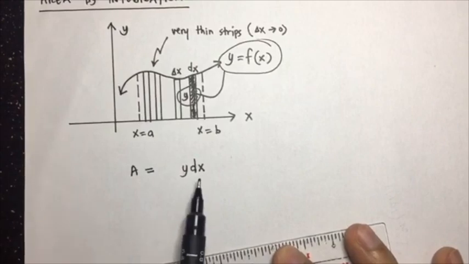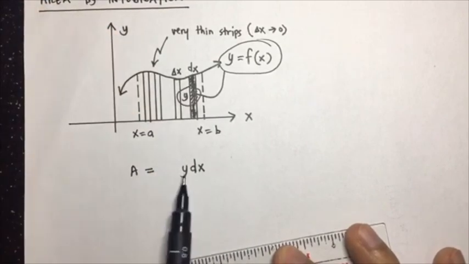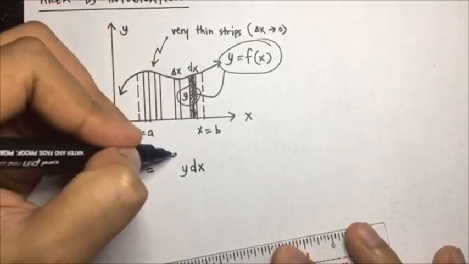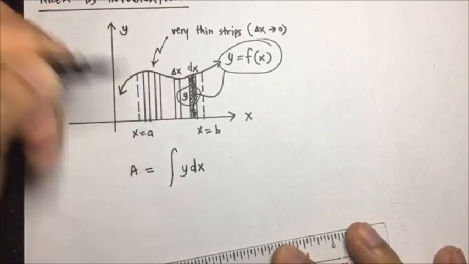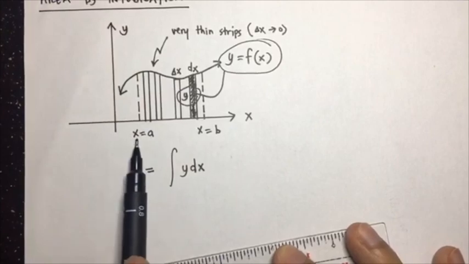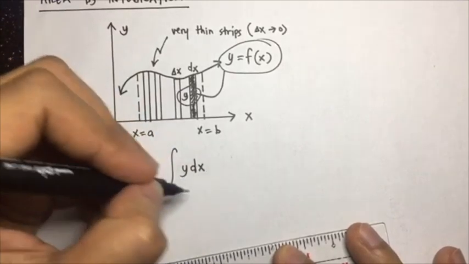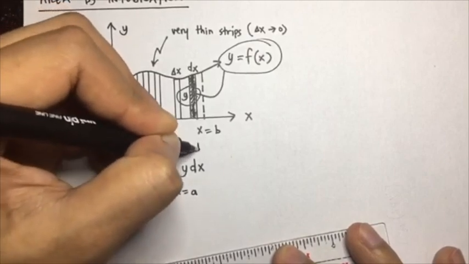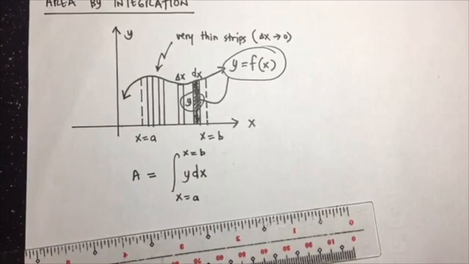Since this is a differential width, we will be performing integration from x is equal to a to x is equal to b. That's how area by integration works.